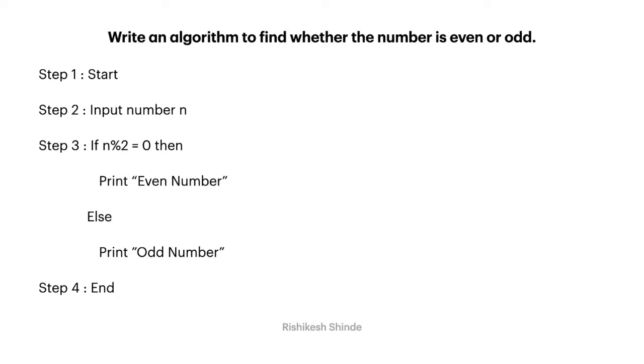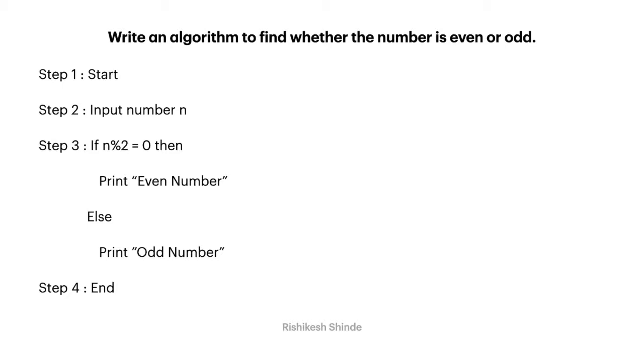Here we have used the modulo operator, n modulo 2. If it is equal to 0, that means if n is divided by 2 and the remainder is 0, then we will print that the number we have inputted is even, else we will print that the number n is odd number.